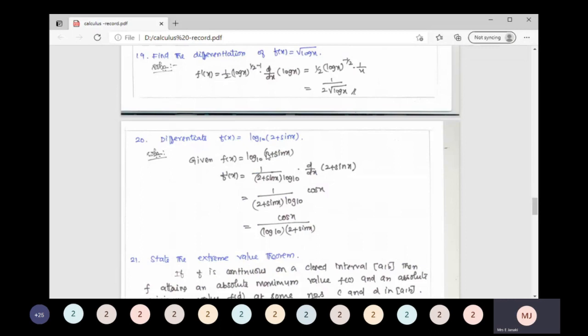Again we take d by dx of 2 plus sin x, differentiating inside the bracket: the derivative of 2 is 0 and the derivative of sin x is cos x. So this is the answer. With log base 10, whenever you differentiate log x, the derivative is 1 by x into log 10.